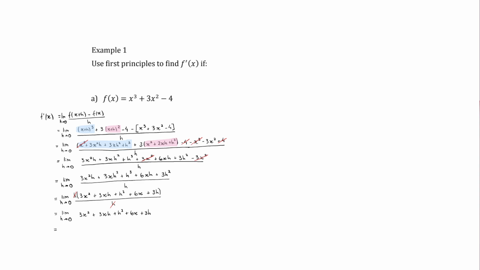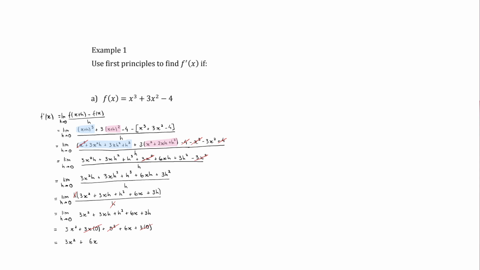And so I am going to have 3x squared plus 3x times 0, because in order to evaluate the limit, I am just going to plug in 0 for h, plus 0 squared plus 6x plus 3 times 0. And now, of course, all of these terms that are being multiplied by 0 go away. And I am going to be left with the final expression, 3x squared plus 6x.